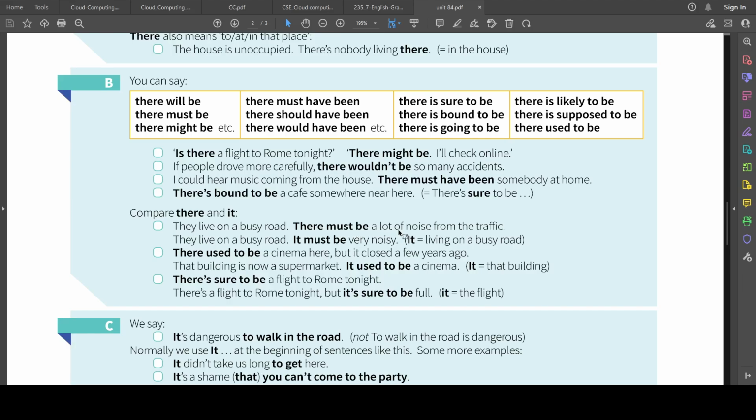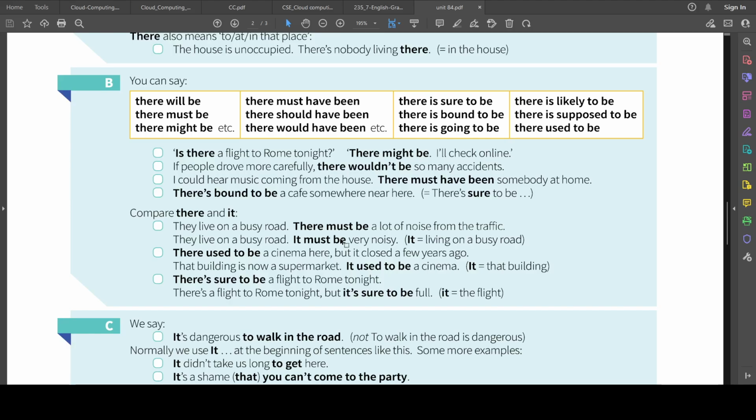The first one expresses existence. In that case, there is a lot of noise coming from the traffic. Okay, there must be a lot of noise from the traffic. So basically, the noise came from the traffic. Okay, it exists because there is a lot of traffic. But the second one, it must be very noisy. Okay, we are referring not to the fact that the noise came from the traffic.